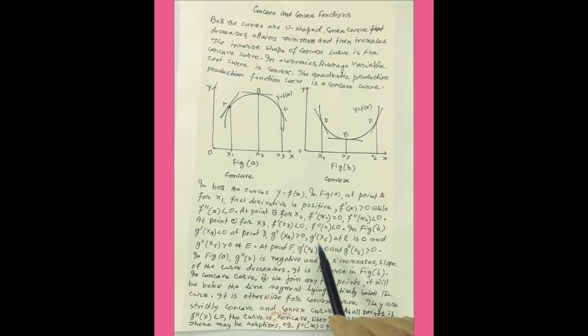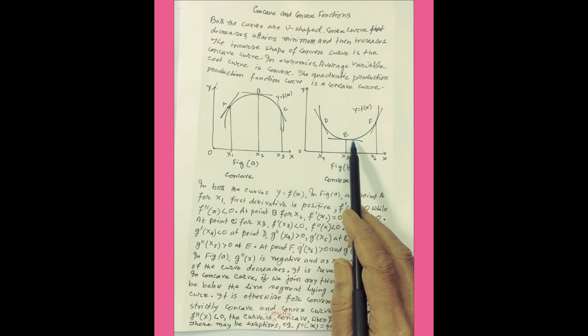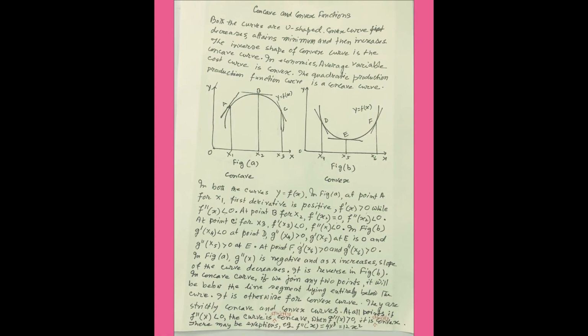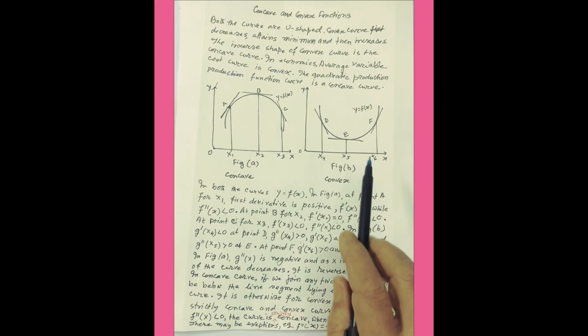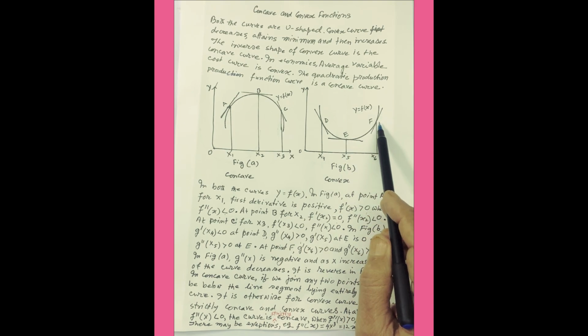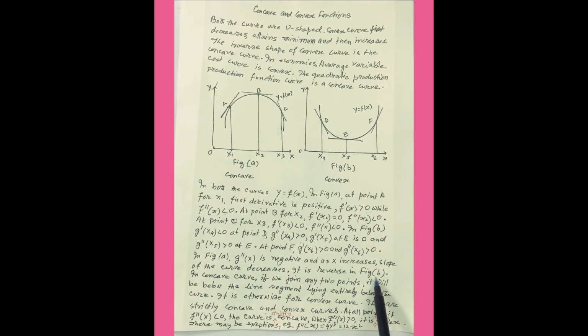Then at E, the first derivative is 0, but it has attained a minimum, so there is no further change. So the first derivative is 0 and the second derivative is positive at E. At point F, the first derivative is positive and the second derivative is also positive. So it is increasing. So both are increasing, that's why both are positive.